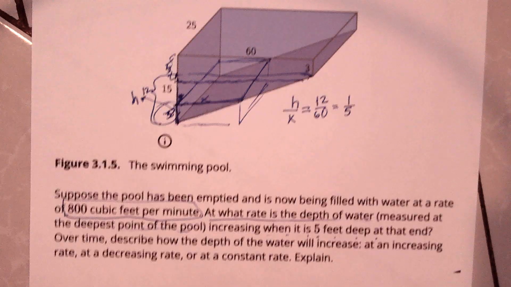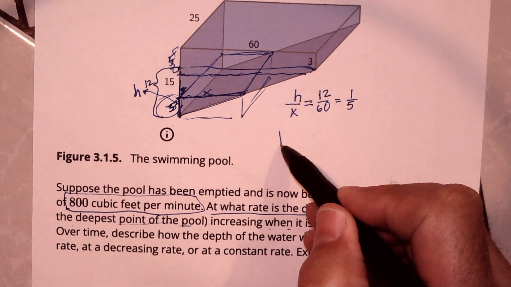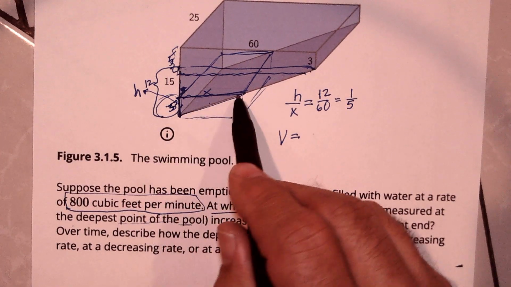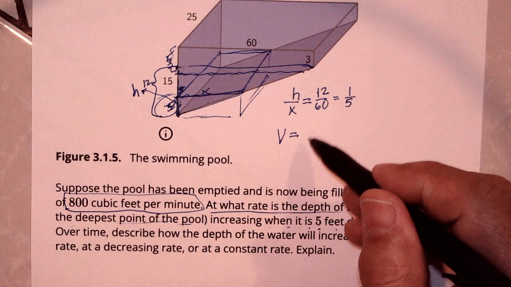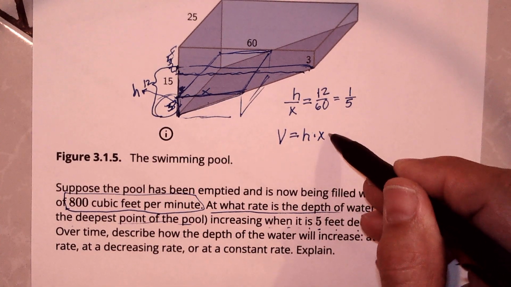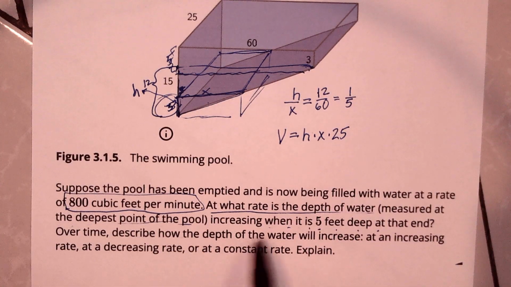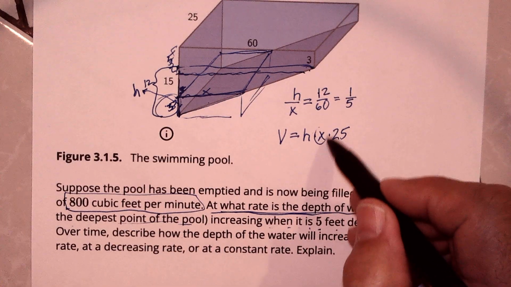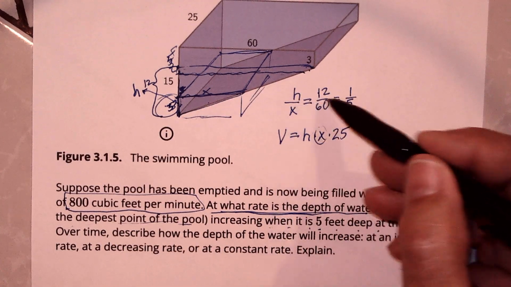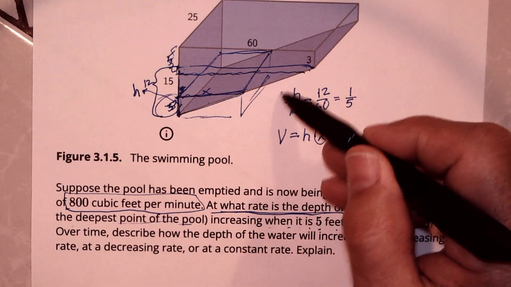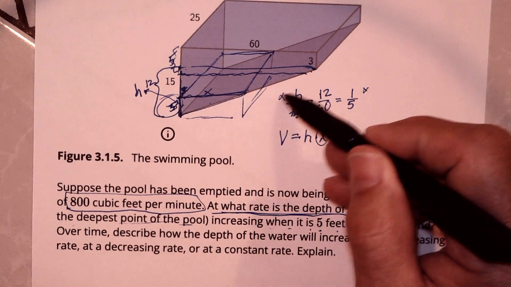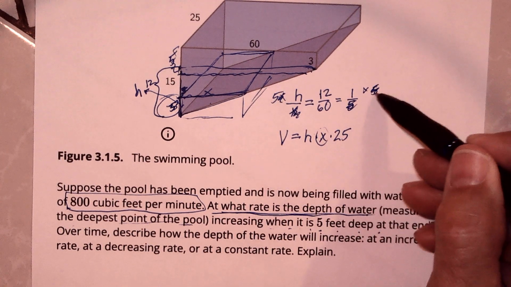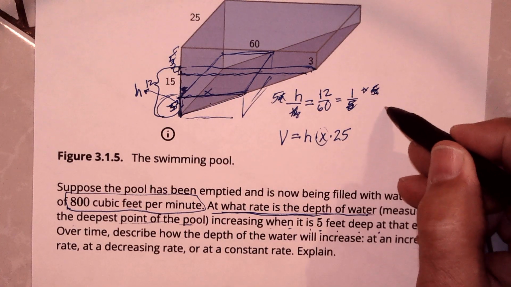So the volume is one half H times x times 25. But we need to know how the rate of the water is changing, so we need to get the x out of here. We can solve for x: if I multiply by x and multiply by 5, I get x equals 5H.